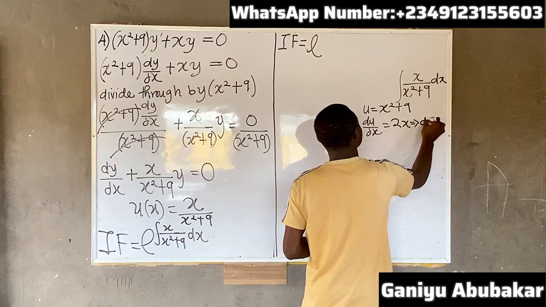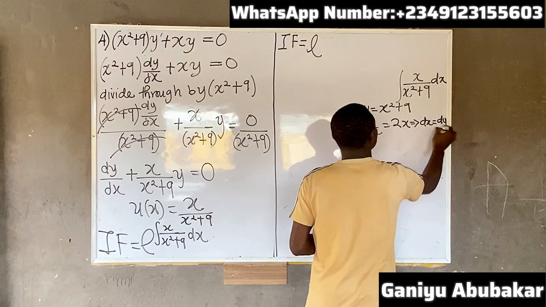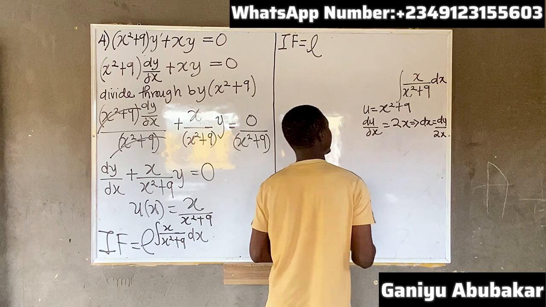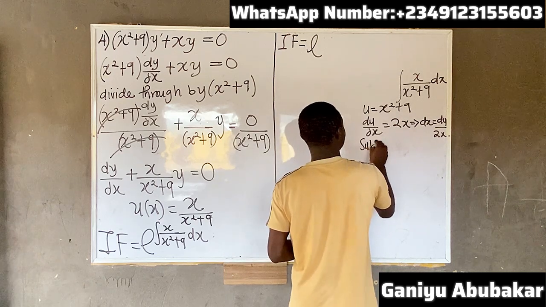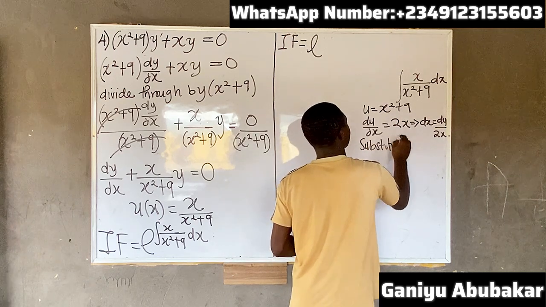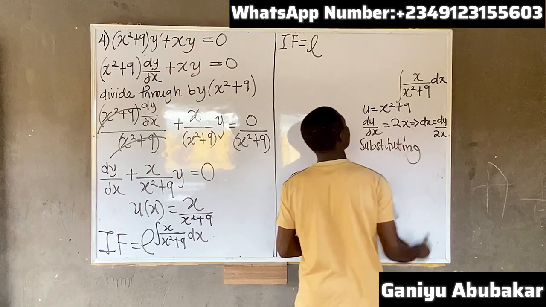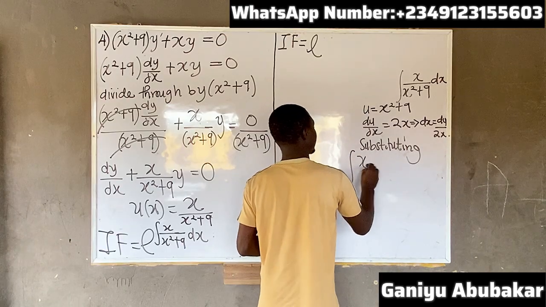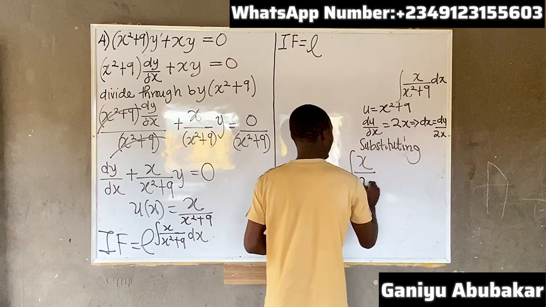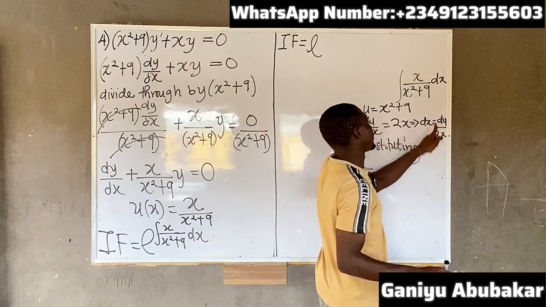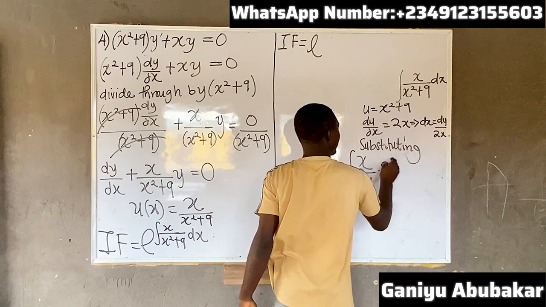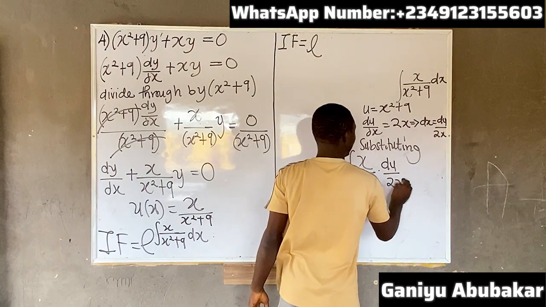From there, dx is du over 2x. Substituting, that gives you the integral of x over u, where dx is du over 2x.